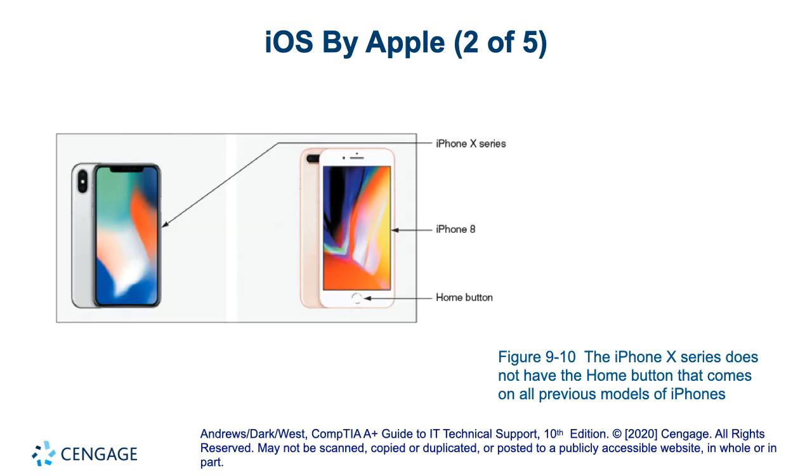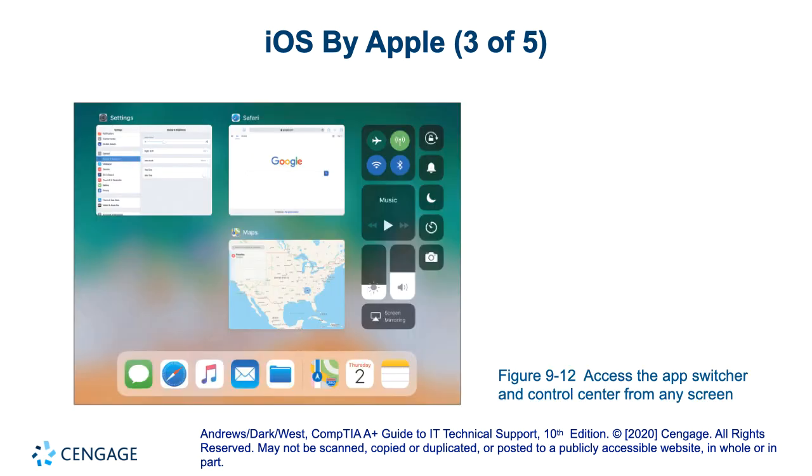Here's an example of the iPhone 10 series, and it does not have a home button, whereas iPhone 8 had a home button. And so then you can access the app switcher and control center from any screen on the iPhone.